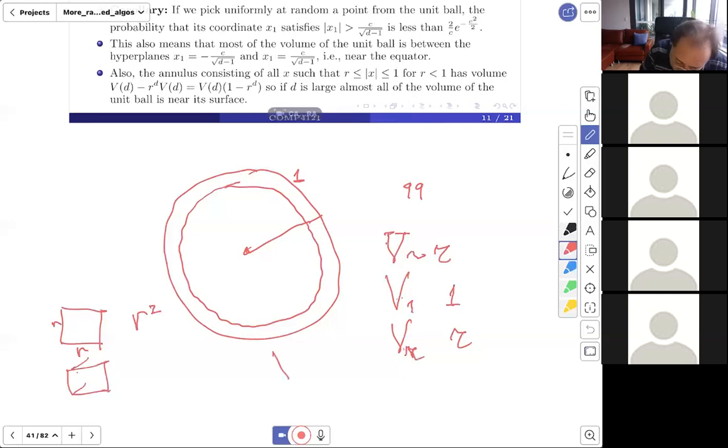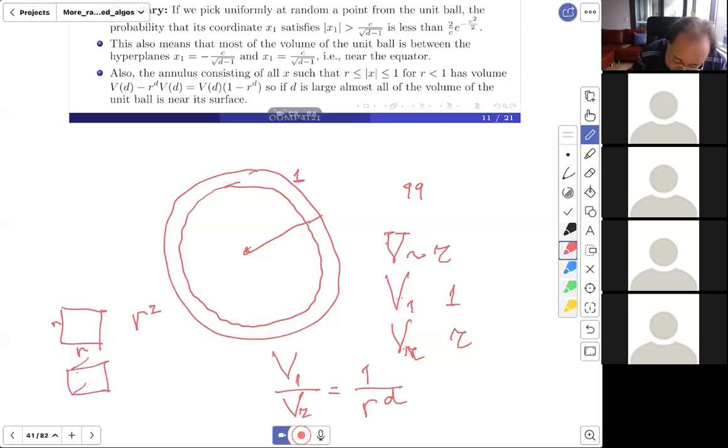What is V1 divided by VR? It's 1 divided by what? R to the D. Very good. Who says that? Yusuf. Okay, Yusuf, you get extra points for class participation. Send me an email. So this will be 1 over R to the D, right?